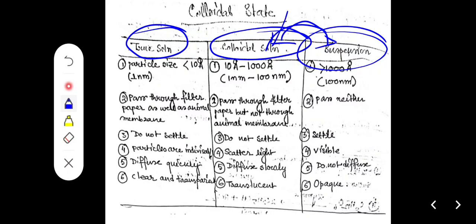And colloidal solution can scatter light, but suspension does not scatter light. So we study in detail the difference between the three types of solution: first true solution, second colloidal solution, and third suspension, on the basis of uniform distribution of particles in the solution and their settling properties.